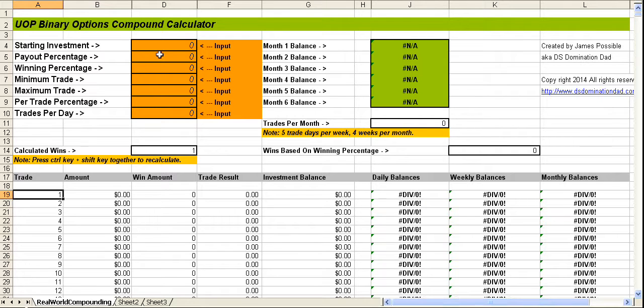Which brings me to the inputs. And there's only 7: the starting investment, the payout percentage, the winning percentage, the minimum trade, the maximum trade, per trade percentage, and trades per day. So that's all you need to change.